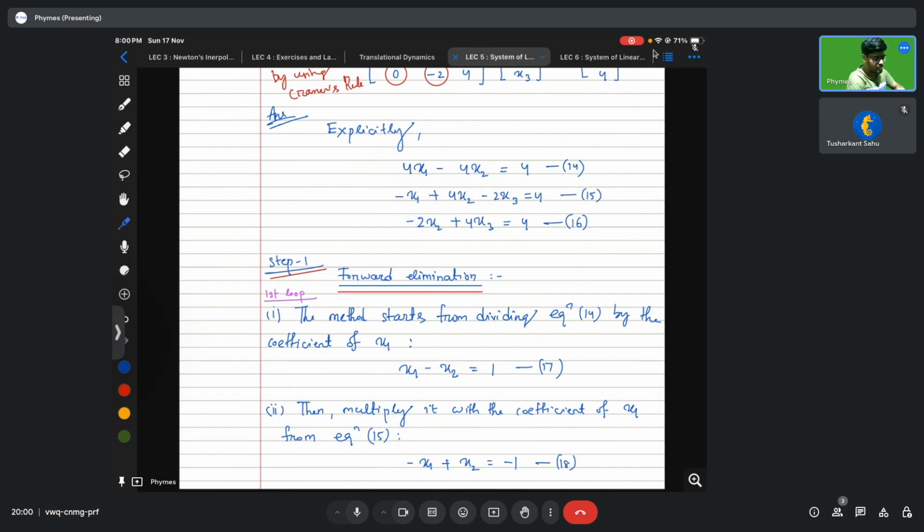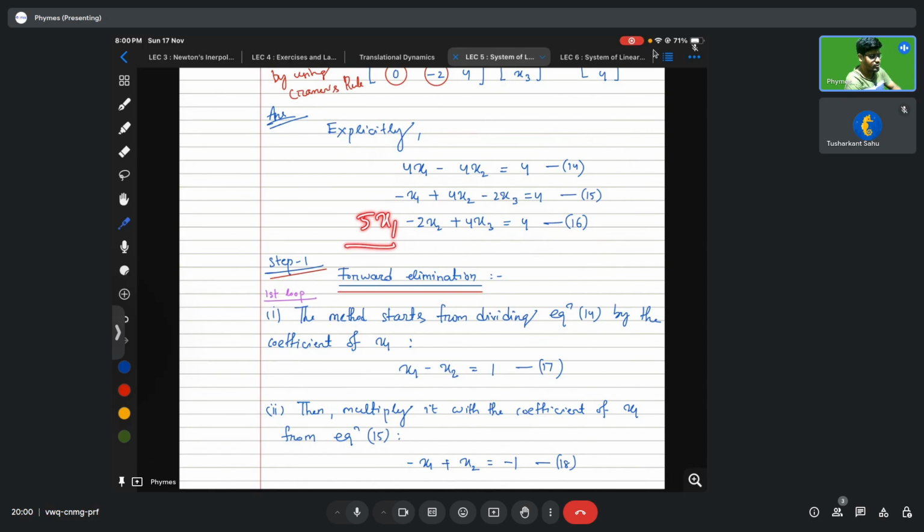And similarly you have to repeat this process to eliminate the x1 quantity here, but luckily there is no x1 quantity in this equation 16, right? If there was an x1 quantity here, suppose something like 5x1, then you have to repeat all this process again.